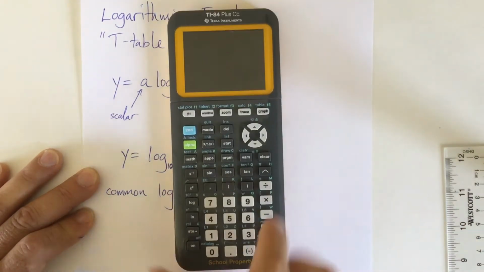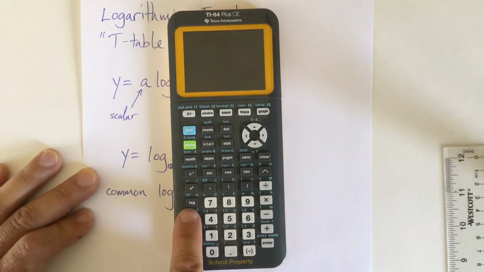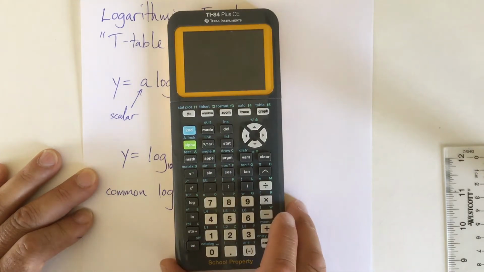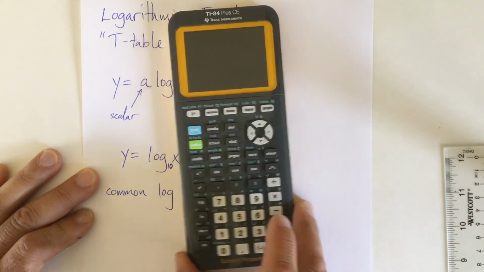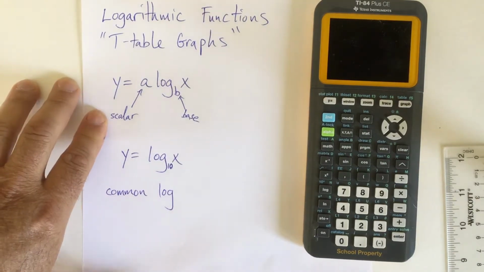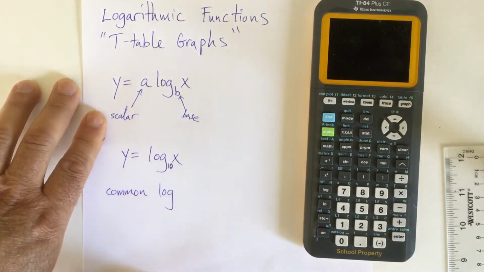Now, on your calculator, there's that button that says log. Your calculator is programmed to understand what's called logarithm base 10. What does that mean? Well, logs are funky functions. You plug numbers into them, you get numbers out of them.